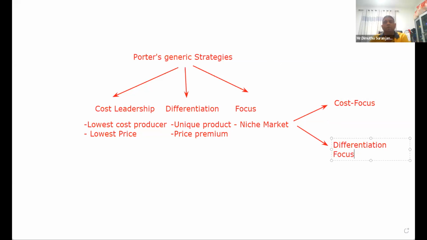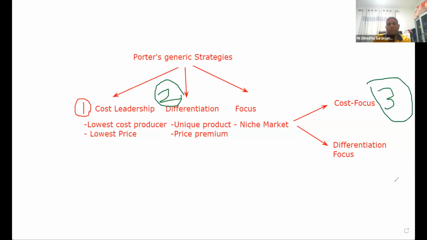Now, altogether there are 4 strategies we can select: broad cost leadership strategy, then broad differentiation strategy, cost focus, and differentiation focus. This is a theory background, right?